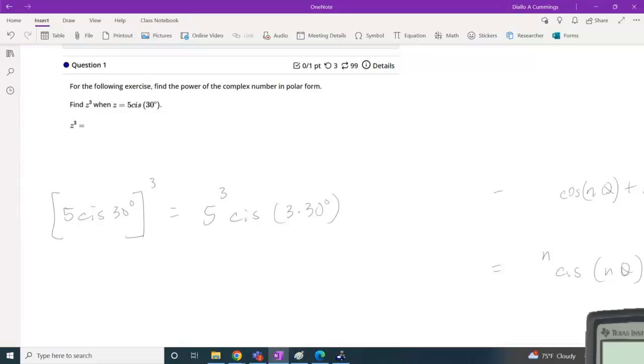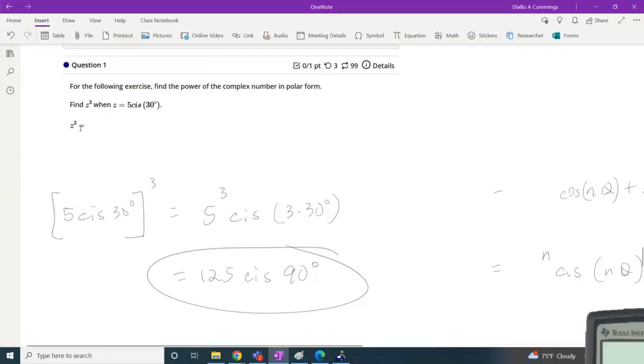I also multiply my argument by 3. So 5 to the third power is 125 cis 90 degrees. Now, I didn't actually copy out my answer choice completely, but it'll be 125 cis 90 degrees. So that's when we take 5 cis 30 and raise it to the third power.